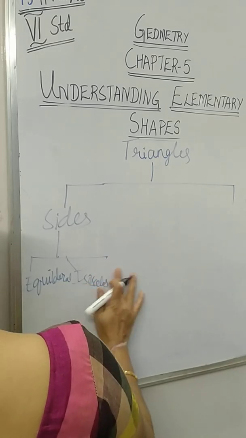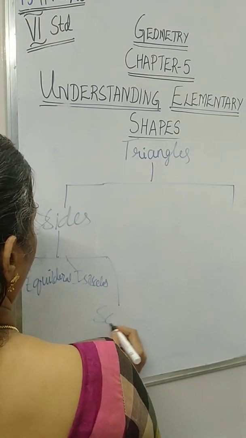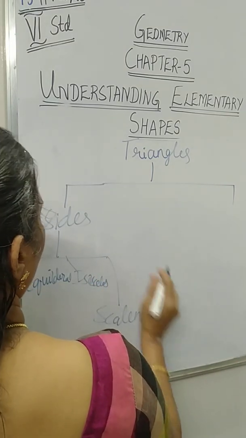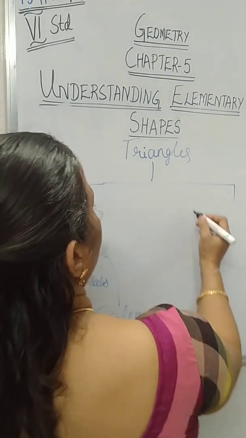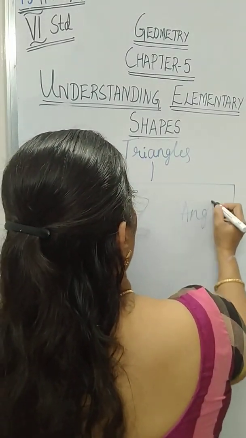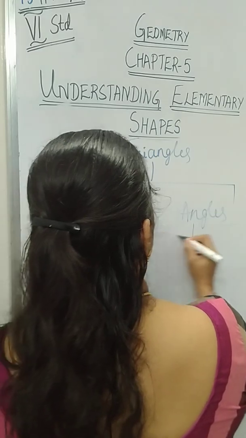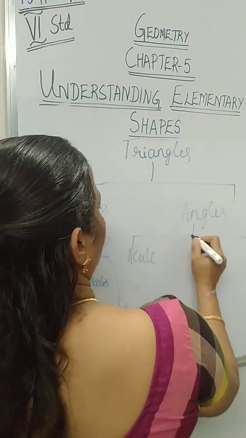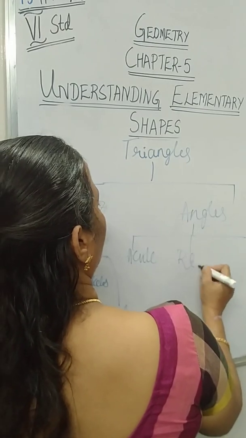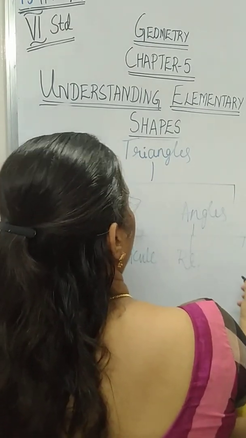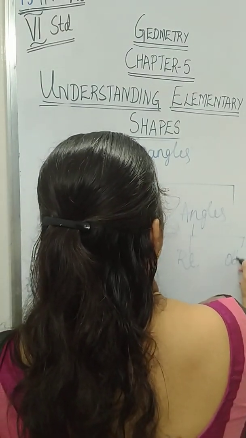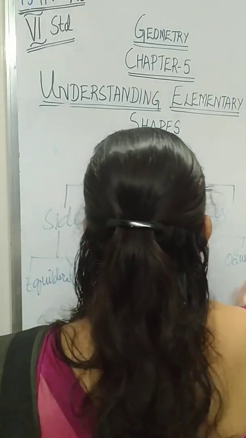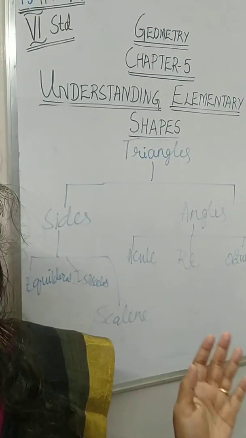Also one more type we have, that is scalene. These are the three types of triangles based on sides. Same way, based on angles, which are the three types? Can you tell? One is acute angle, next is right angle, another one is obtuse angle. Yes, so 6 types of triangles we have learned.